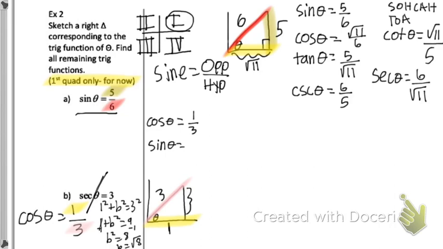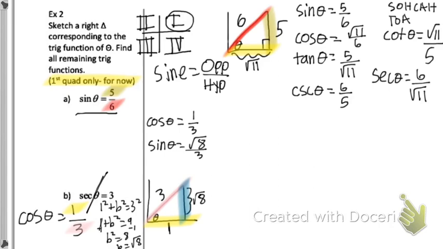Then this side equals square root of 8. Now we can do sine of theta, which is opposite over hypotenuse. So square root of 8 over 3. So this side over here is the opposite side of the triangle, which is square root of 8.